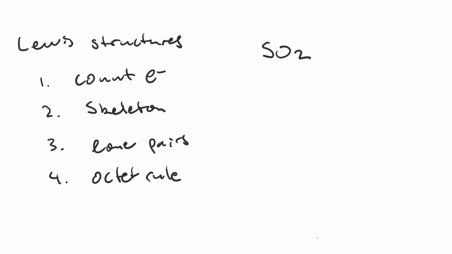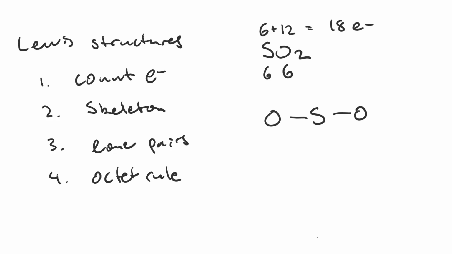Let's look at the molecule SO2. Sulfur and oxygen are both in group 16, so they have 6 valence electrons per atom. There's 1 sulfur and 2 oxygens, so 6 plus 12, 18 electrons total. In the skeleton, we're going to put the sulfur in the center.